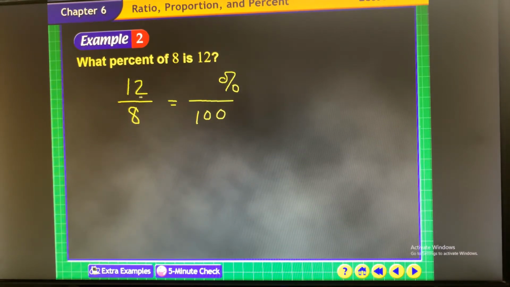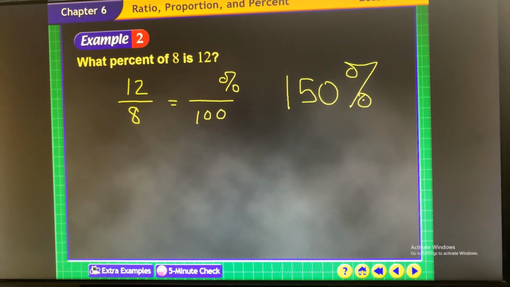Let's say this person got 12 out of 8 on their last quiz. That means they had extra credit on it, so their percentage is going to be greater than 100%. So 1200 divided by 8, cross multiply, divide, and it's 150%. That would be a really good test score.